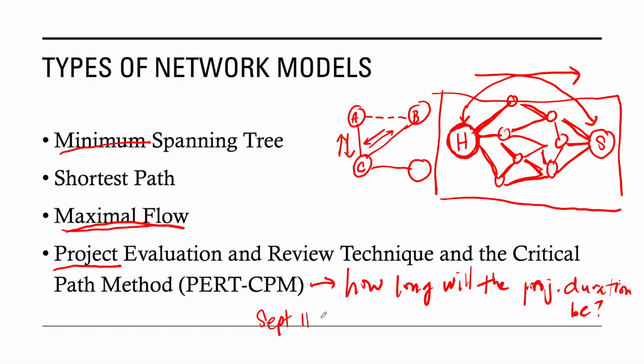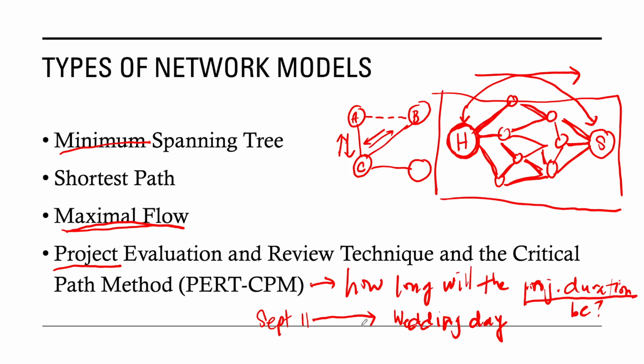Now, if you started planning your wedding today, per CPM, this model will be able to know the earliest date of your wedding day. Why? Because PERT CPM will be able to know the project duration.